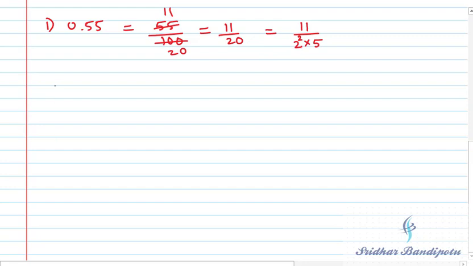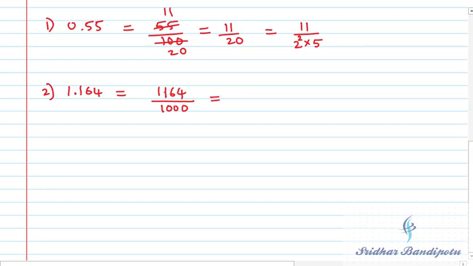Okay. Now let's see the second example, 1.164. You can write it in p by q form as 1164 by 1000, since after the point there are 3 digits, so the denominator is 1000.